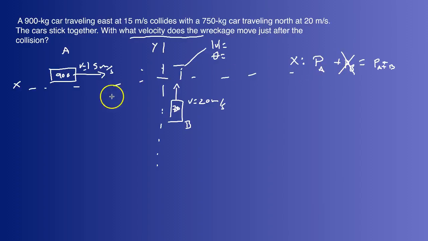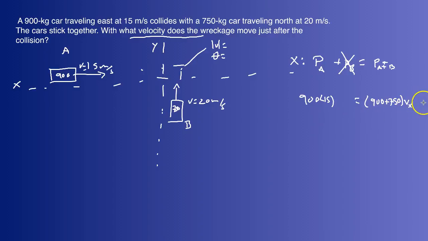Momentum is m times v, so 900 kilograms times 15 meters per second will be equal to whatever their momentum is afterwards. Their combined mass, which is 900 plus 750, times the Vx, or the velocity in the x direction.